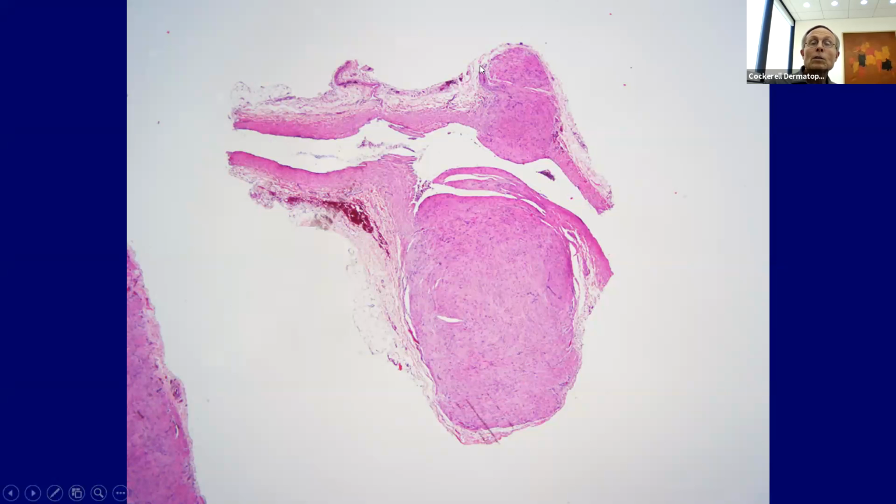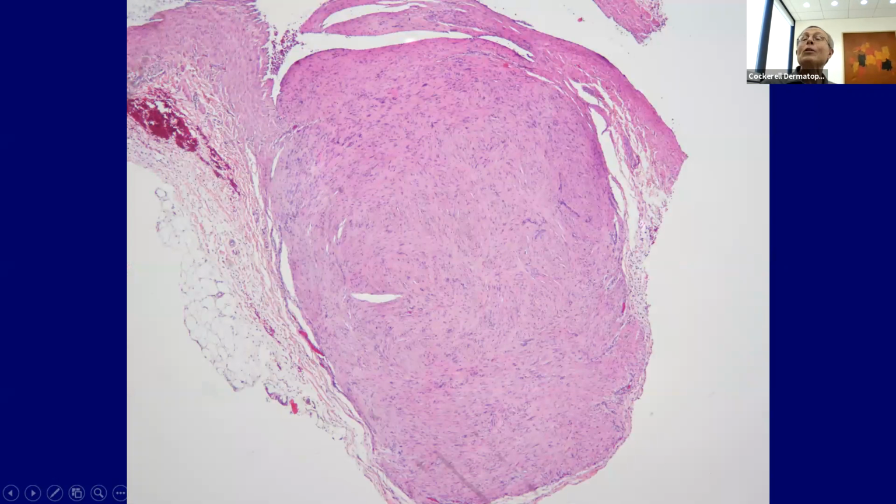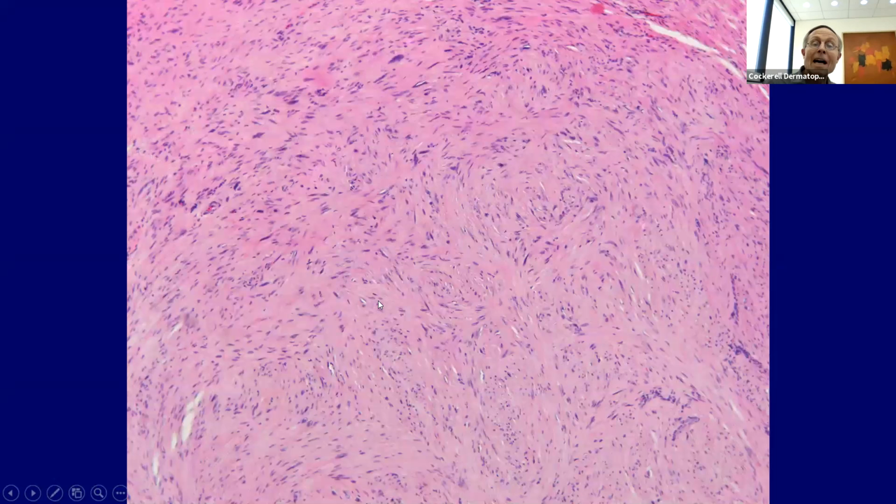So here we've once again got an enucleation biopsy. You can see that it looks very well circumscribed. You can just basically draw a line around it here. We'll go to higher magnification, and once again, it's a spindle cell lesion. It's got this little cleft in here, and that might actually be truly lined by something. Here at this power, we can see these fascicles of cells that are interweaving.